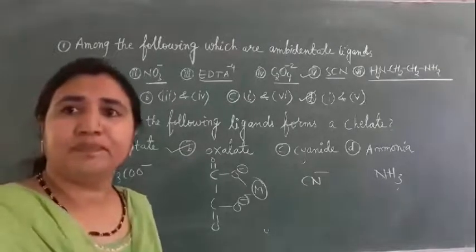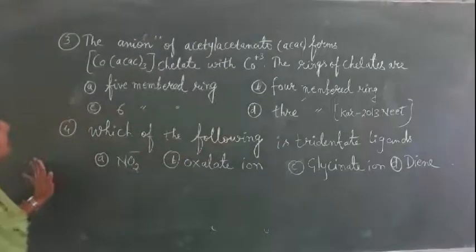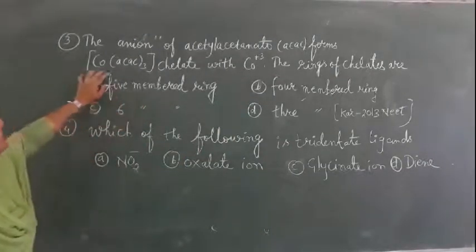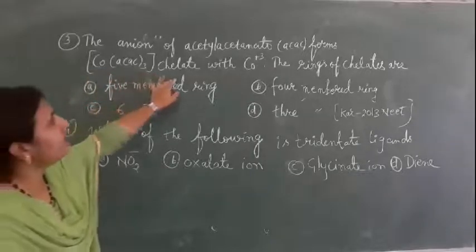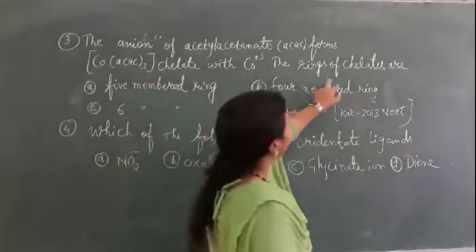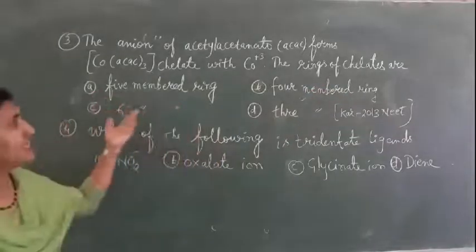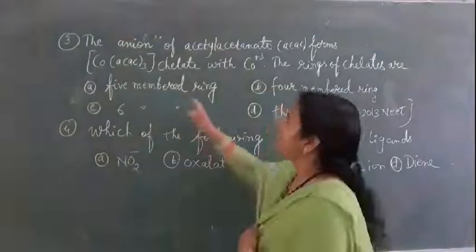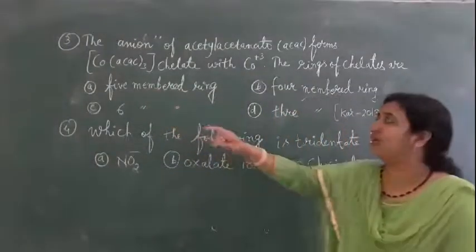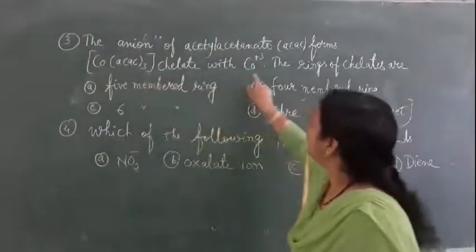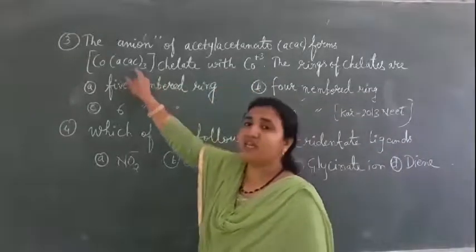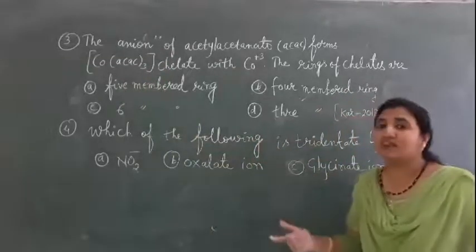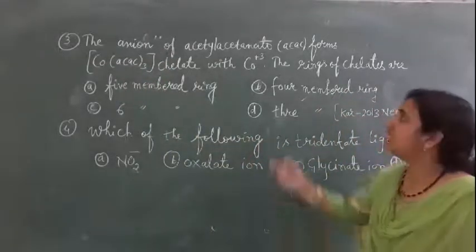Next question: the anion of acetylacetonato, ACAC, forms Co(ACAC)3 chelate with Co3+. The rings of the chelates are... Cobalt will form a chelation with acetylacetonato. How many-membered rings will form in this ACAC?